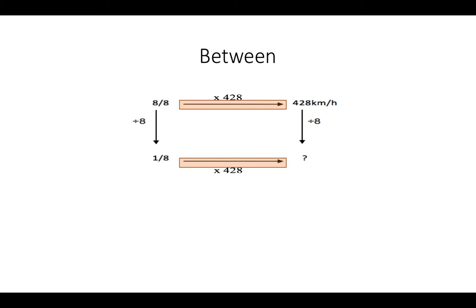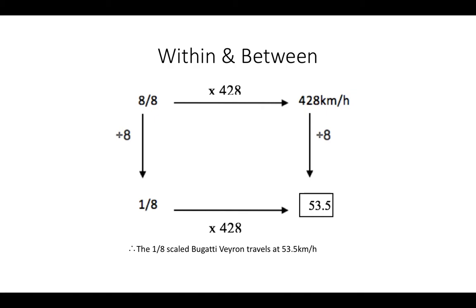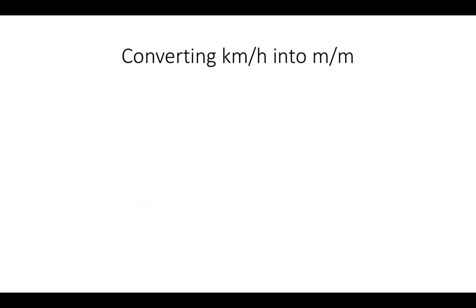Multiply that by 428 will give us our unknown. Now this should result in the same answer as before. And it does. 1/8 multiplied by 428 results in 53.5 kilometers an hour. As can be seen, using the within and between will result in the same answer. So therefore, our 1/8 scale Bugatti will travel at 53.5 kilometers an hour.